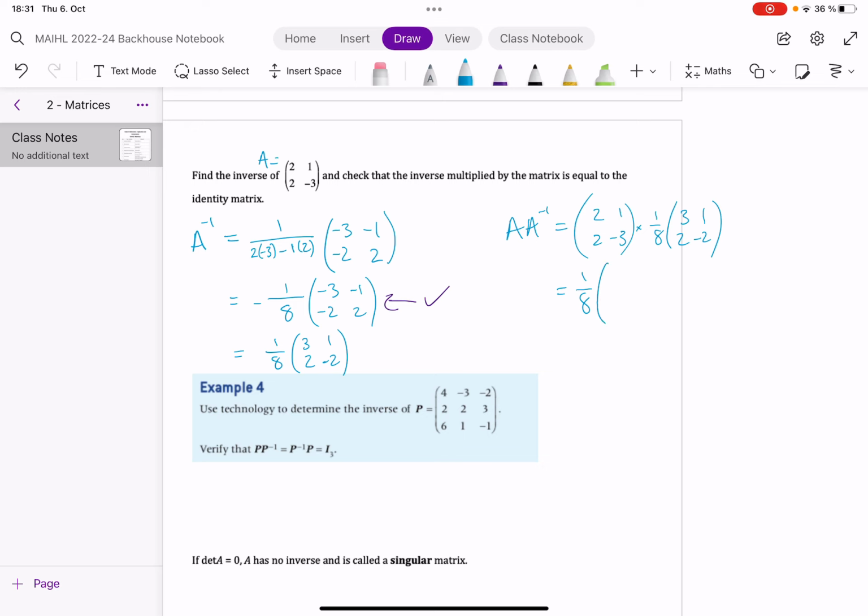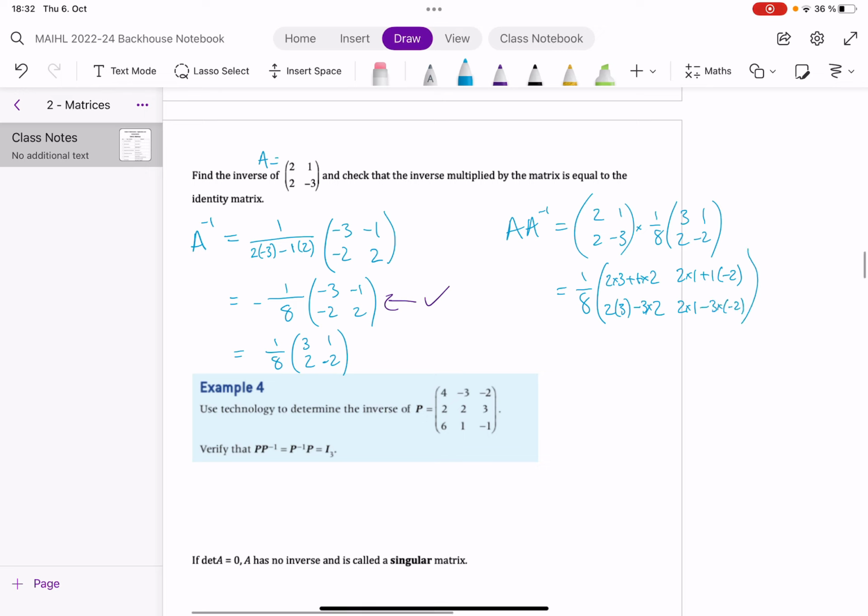So row by column, 2 times 3 plus 1 times 2. Row by column, 2 times 1 plus 1 times negative 2, and just keep on going through. So I'm on second row, first column, minus 3 times 2, and then 2 times 1 minus 3 times negative 2.